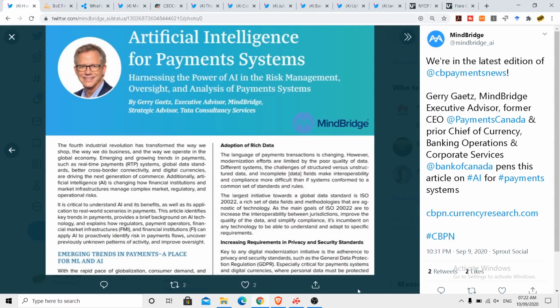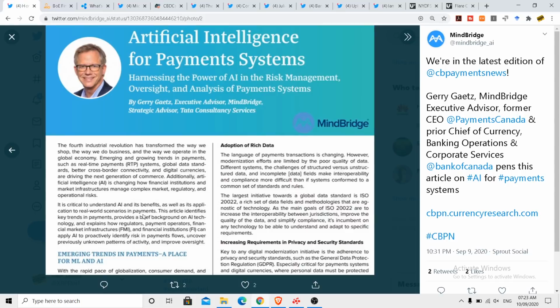But when we read through this, what you have to understand is it is critical to understand AI and its benefits, as well as its application to real-world scenarios in payments. This article identifies key technology and explains how regulators, payment operators, financial market infrastructure, and financial institutions can apply AI to proactively identify risk in payment flows.